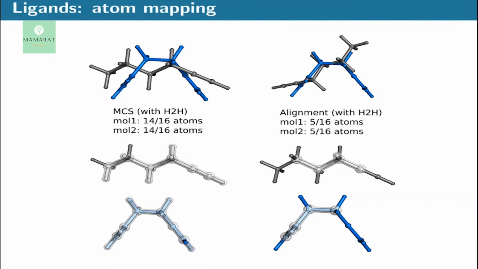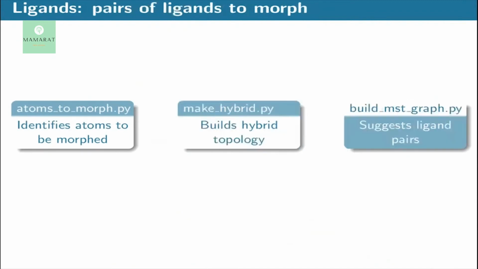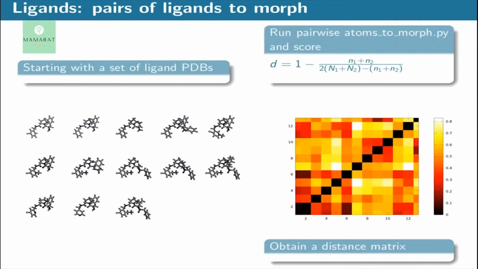Alignment would yield a different solution, and then the algorithm would be intelligent enough to choose the better one according to its measures. Subsequently, we have an automated technique to build hybrid structures and topologies, and we also have suggestions for ligand pairs in a small network of compounds.